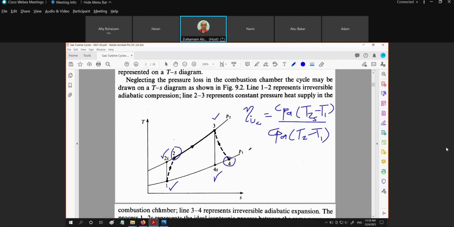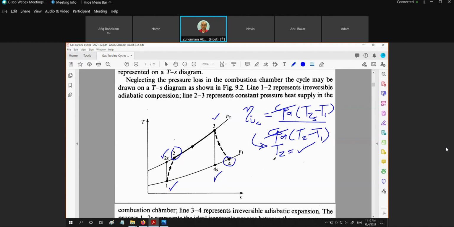Assuming that CPA is constant, what is left is (T2S minus T1) divided by (T2 minus T1). From this equation, we are solving for T2.